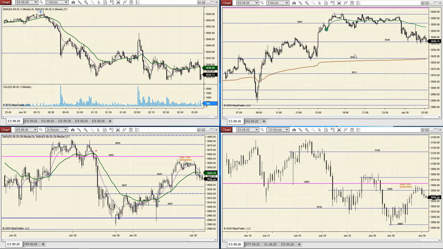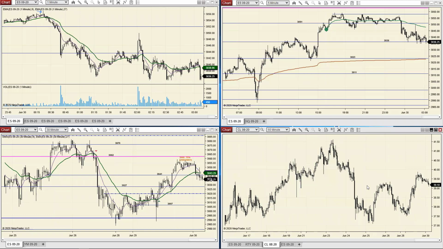We were trading on both sides of same day VWAP. We made one little rally back up towards this 3051, but quickly ran out of gas and are pressing a little bit on the lower end here, 3036. Take a look at crude oil. That's already taken a pretty good little dip here.